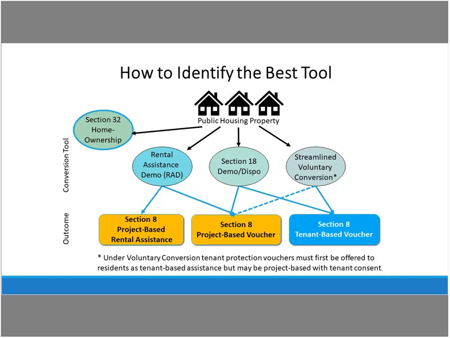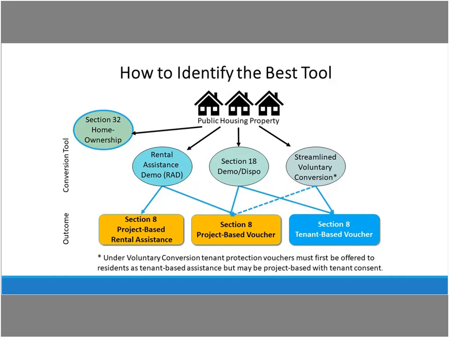We looked at this slide during the RAD, during our first session where we talked about the introduction. And this slide identifies the tools available for conversion and the type of Section 8 contract that is the result.